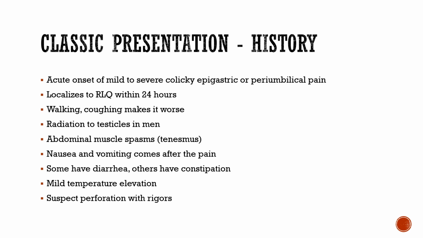The nausea and vomiting usually come after the pain starts, not before the pain. Some of your patients are going to complain of diarrhea and others of constipation. There may be a mild temperature elevation. If anybody presents with rigors, which is shaking, suspect a perforation of the appendix.